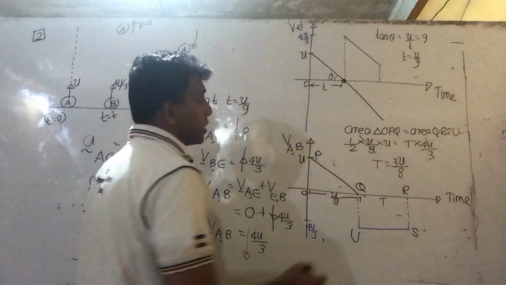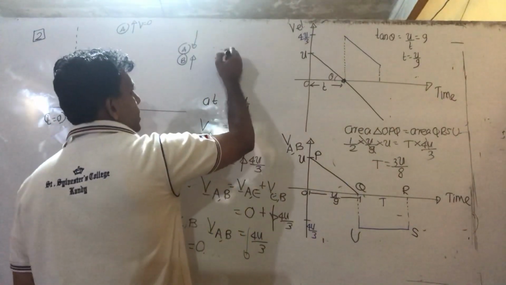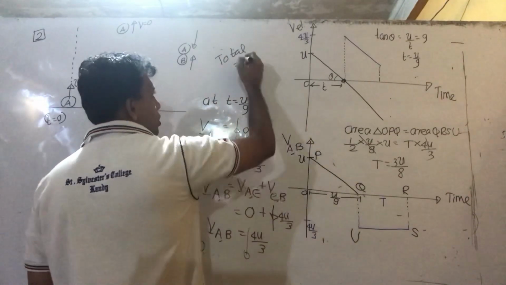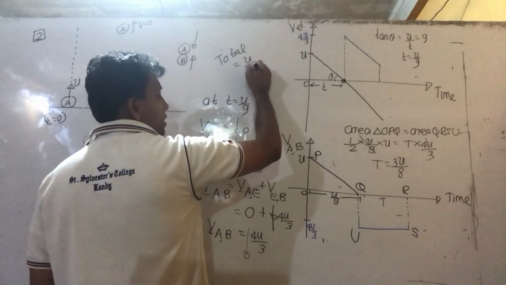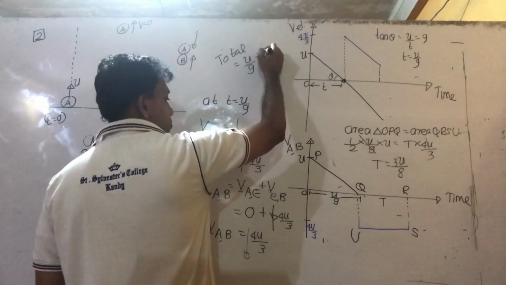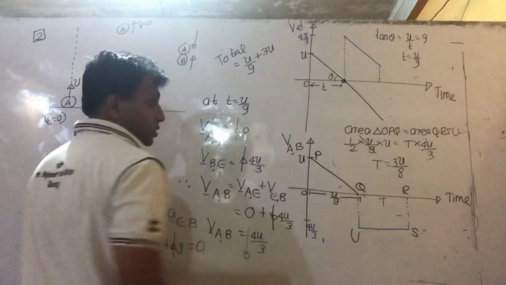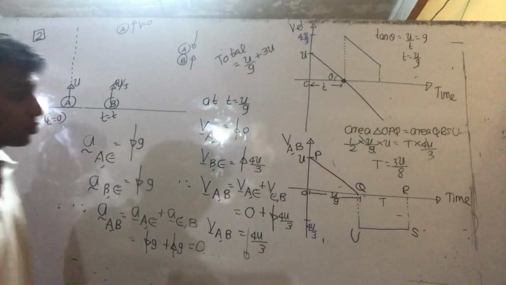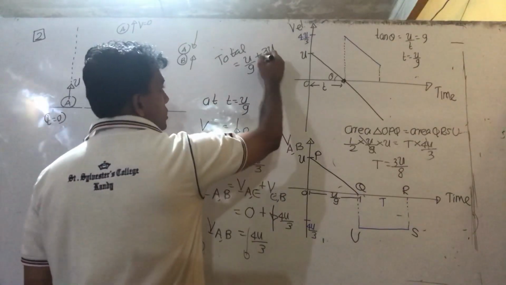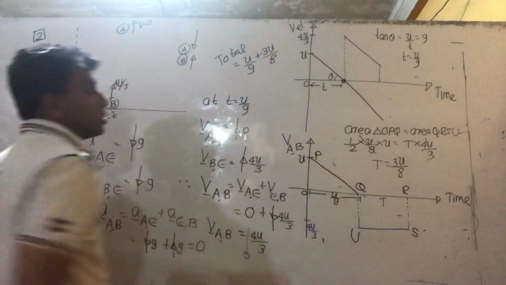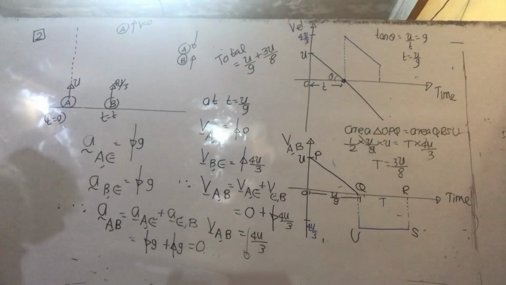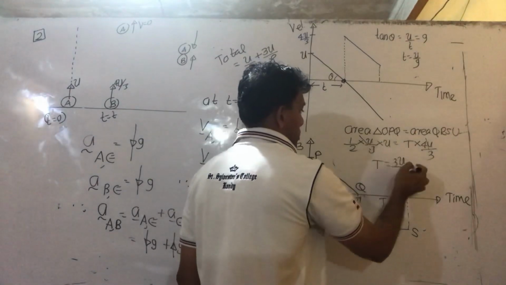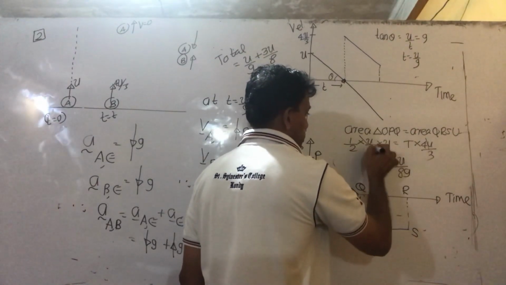Therefore the total time taken is U over G for the first occasion plus 3U over 8G, which gives 11U over 8G.